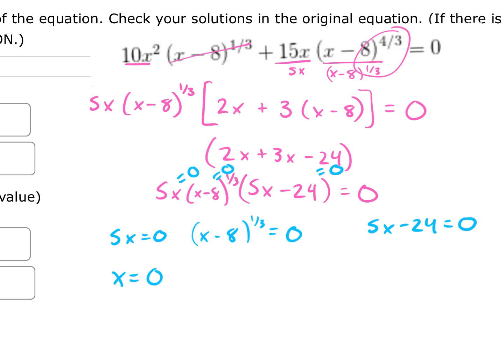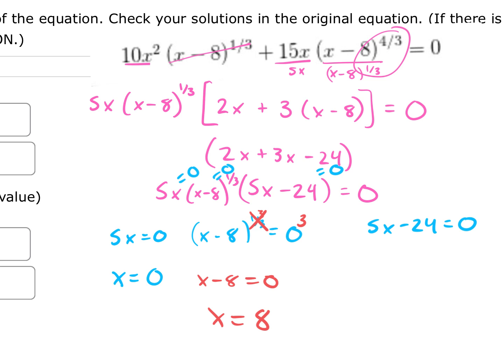For the next one, x minus 8 to the 1/3, how would we solve? How would we get rid of that 1/3 power? Cube it. And what's 0 cubed? Still just 0, so it goes away. So we just have x minus 8 is equal to 0, so x is equal to 8.